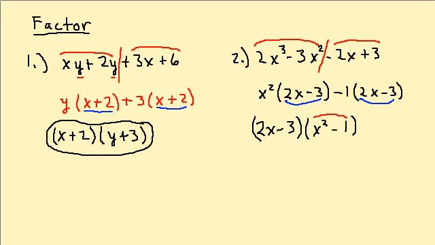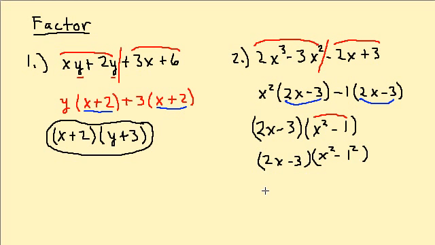Okay, so the x squared minus 1 can be written as x squared minus 1 squared. That's the difference of two squares. And then let me write the 2x minus 3 in front. It comes along with it.